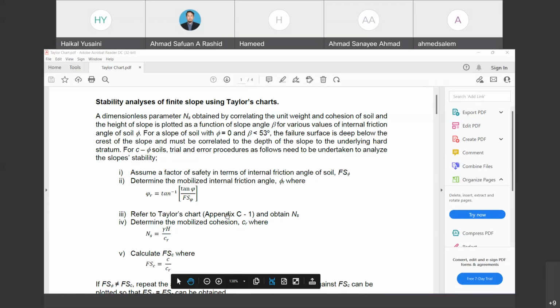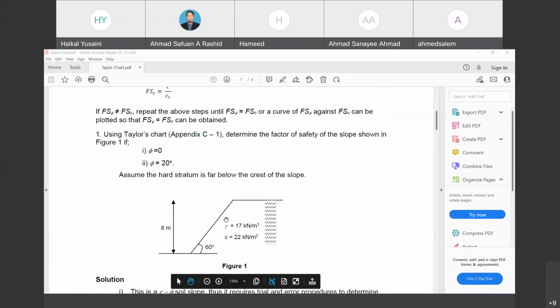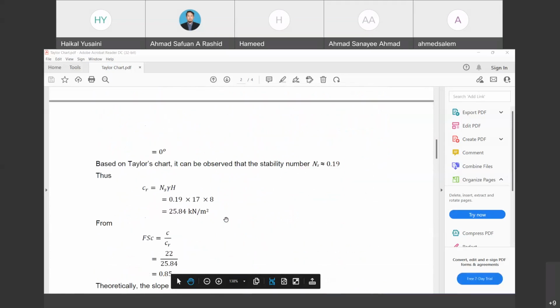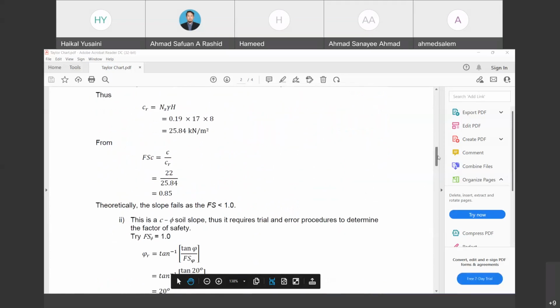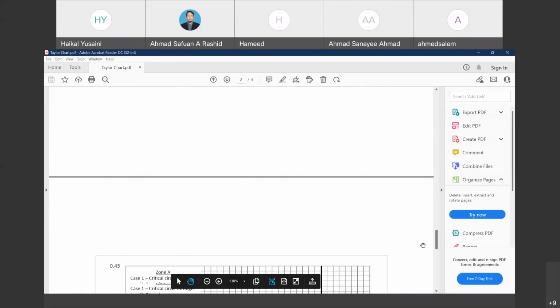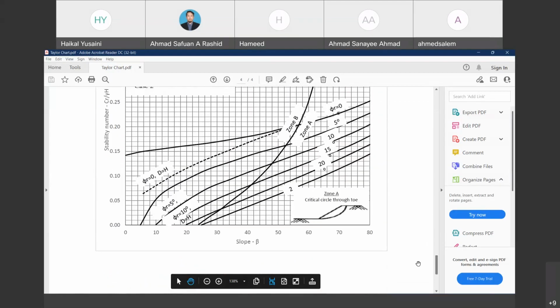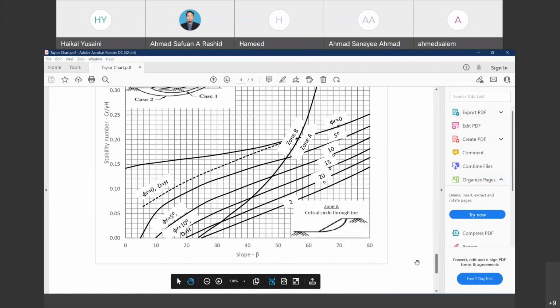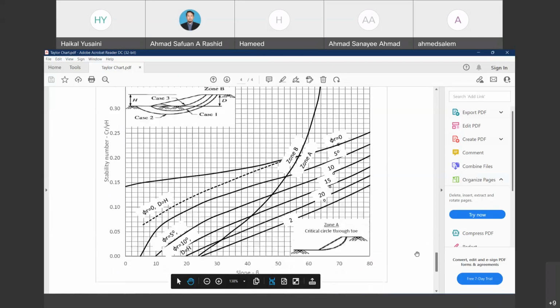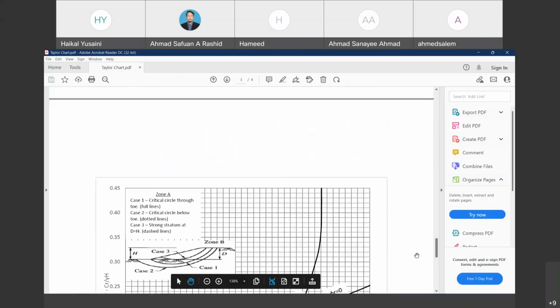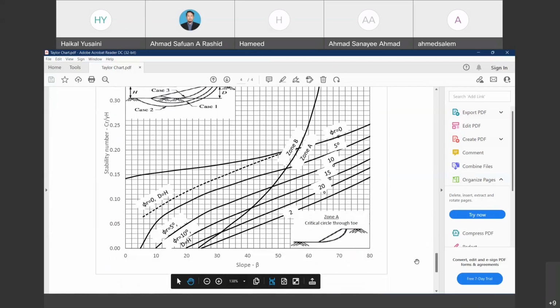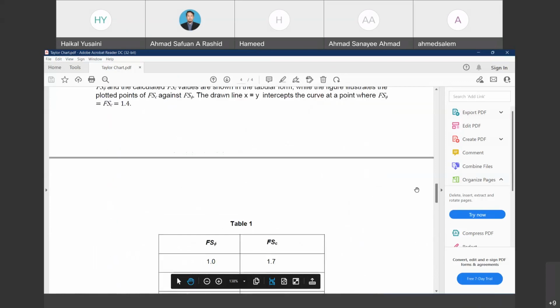After we obtain phi r, we need to look at the Taylor chart, which I already put in this example. So this is the example of the Taylor chart for the case of C and phi soil, which has both C and phi values.